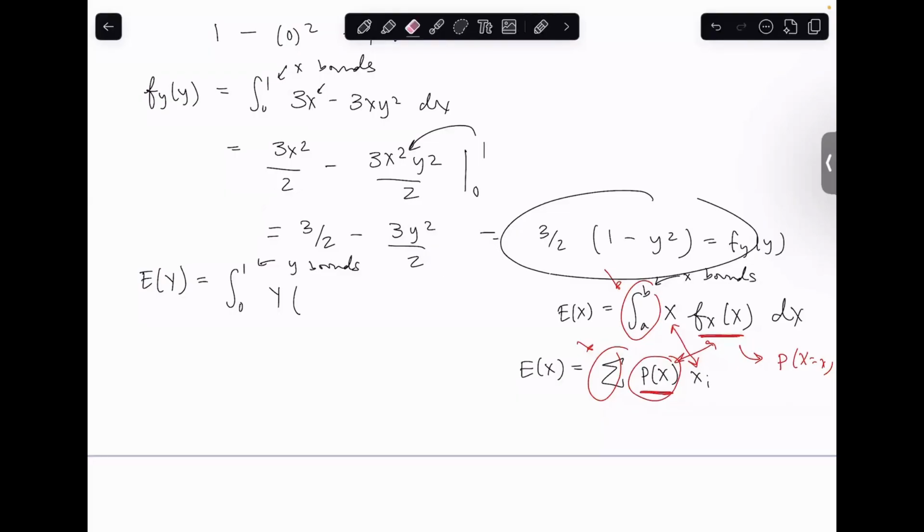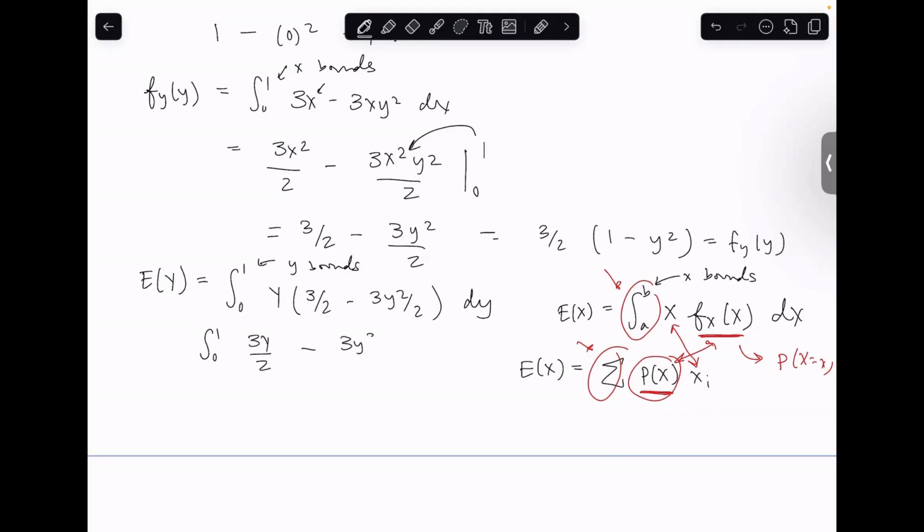So that's just going to be 3/2 minus 3y squared over 2 dy. I'm going to distribute that out so it's easy to look at when we take our antiderivatives. Now let's take the antiderivative. So we have 3y squared all over 2 times 2 minus 3y to the 4th all over 2 times 4, evaluated from 0 to 1.